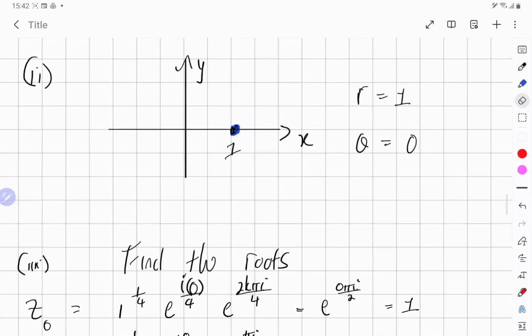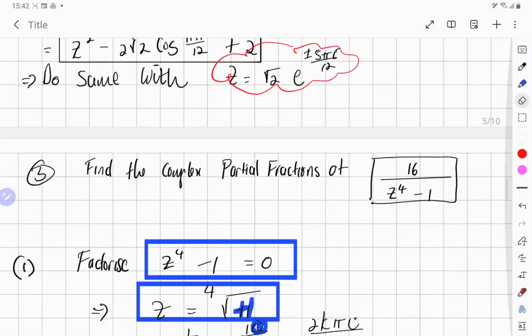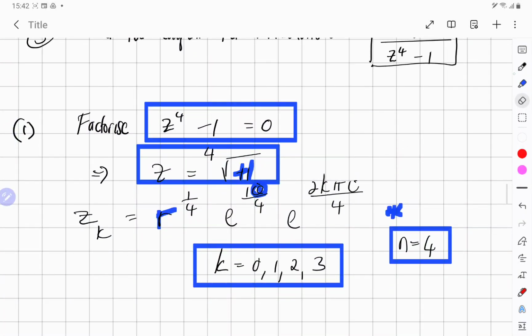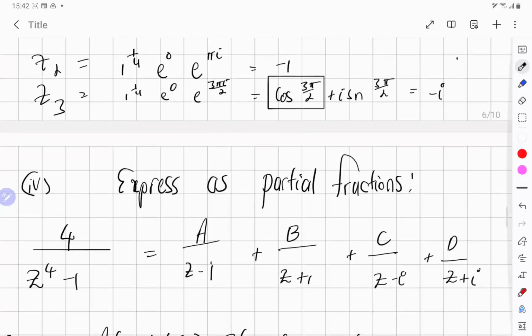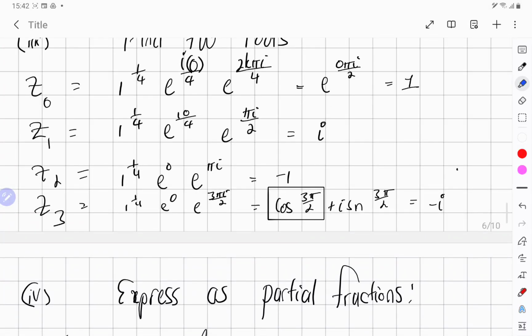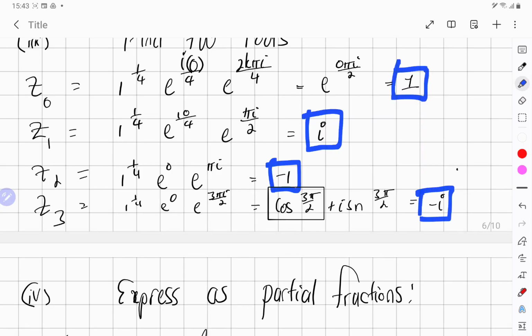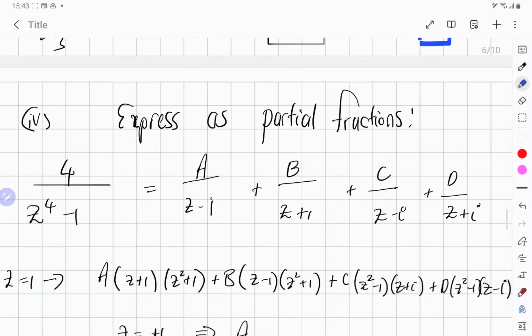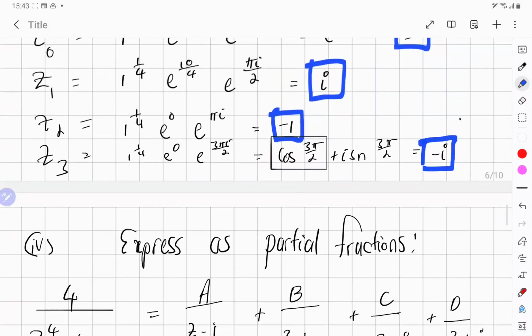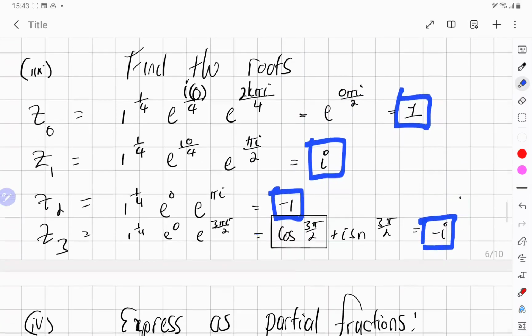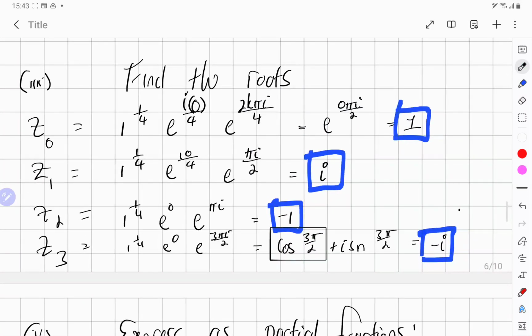Just note that, so lots of things to remember, but just note that the coefficients of your polynomial are all real, so the roots are in conjugate pairs. You could have seen it immediately. I just wanted to run through it quickly just to make sure. Now I'm going to express as partial fractions. So just remember what I've said earlier.